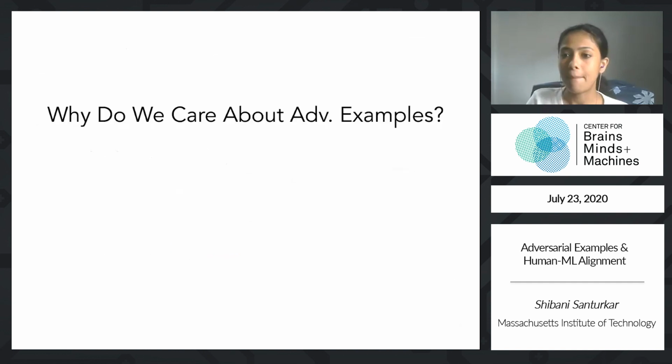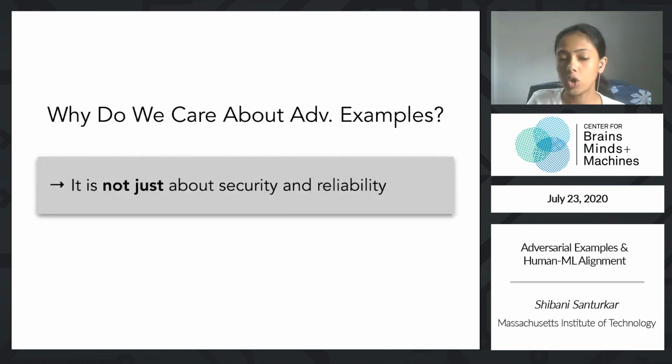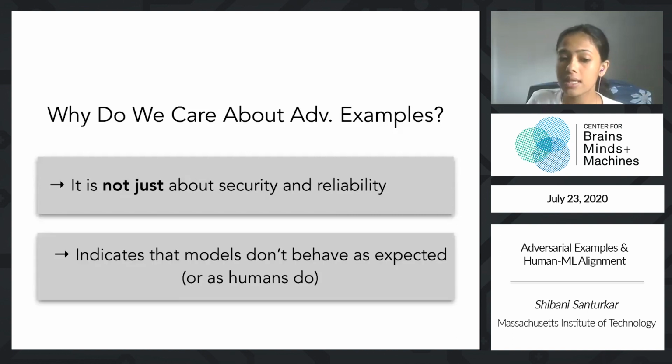So let's take a step back. Why do we care about adversarial examples? Adversarial examples first became really popular from a security point of view, because they showed that an attacker could easily break your model by adding some imperceptible perturbation to your inputs. But it's not just about security and reliability. In fact, adversarial examples show us that models don't behave the way we expect them to, or at least how we do.